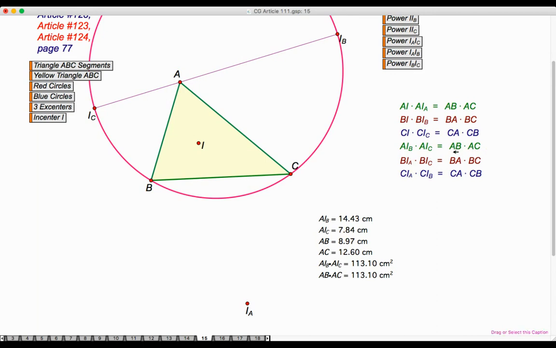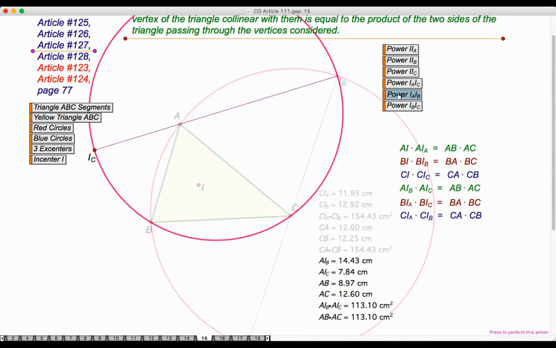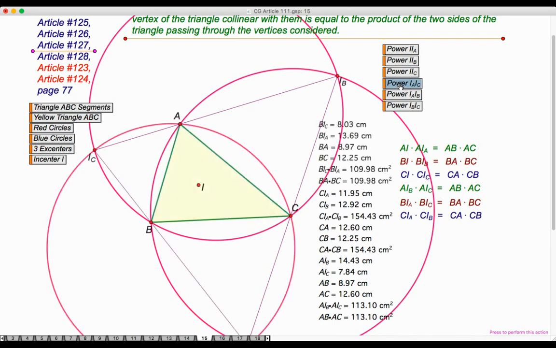AB times AC is equal to A I sub C times A I sub B. And the product is 113.8. So putting them all together, that's all. That's very cute. And we have the other theorem.